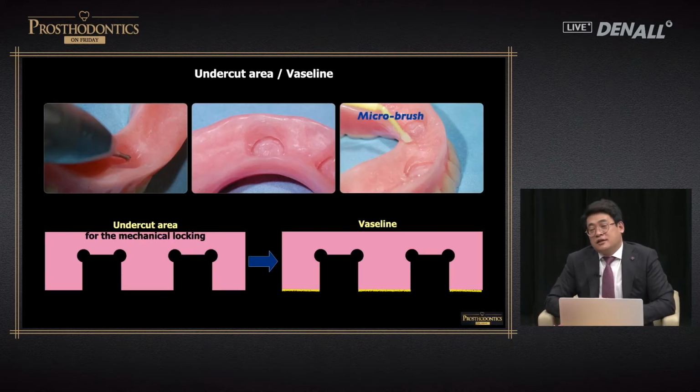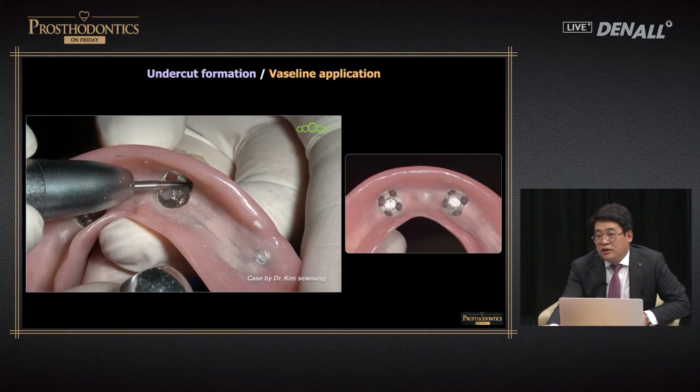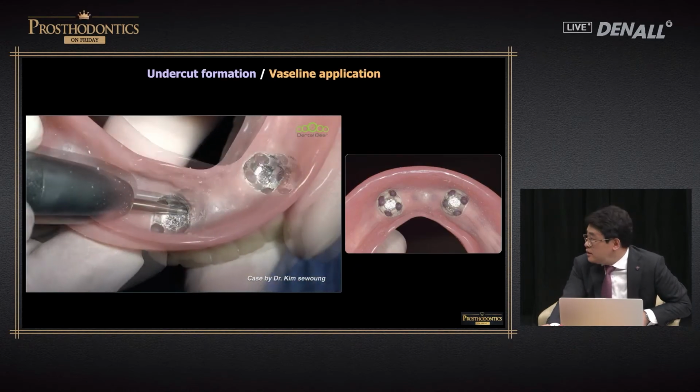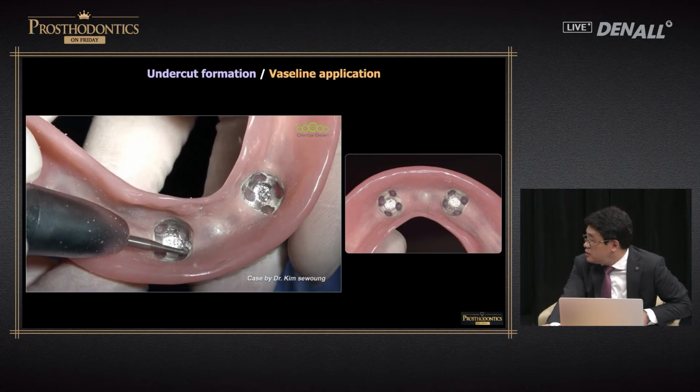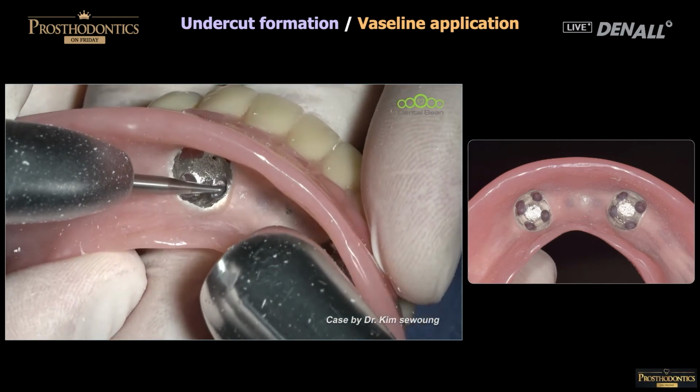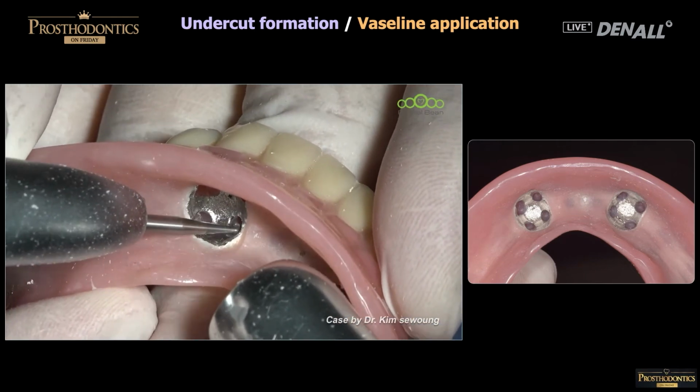And once attached, it doesn't fall out. And since then, I was able to avoid such problems. It's a great idea. If you look over here, it looks crisscross. A round burr is used to create undercut, almost like digging a hole. If you apply too much force, you might punch a hole, so be careful.